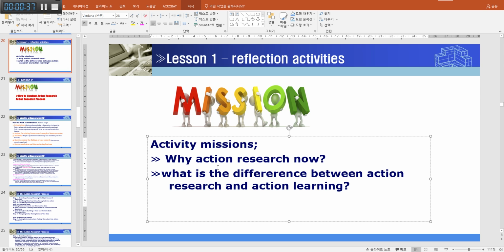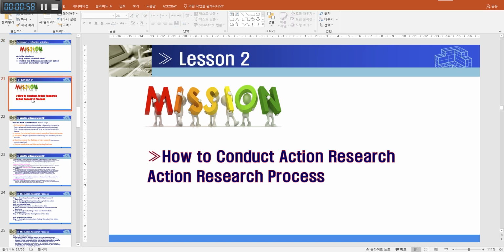And the second question, or second mission, for reflection activities for this lesson is: what is the difference between action research and action learning? So think about those two questions, and this one is lesson 2.